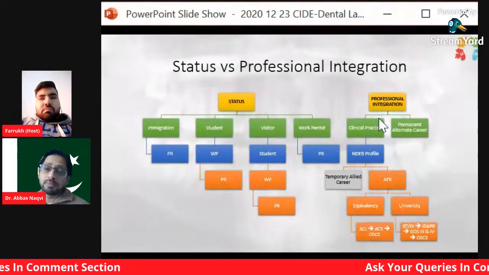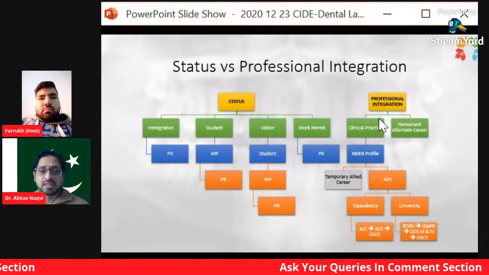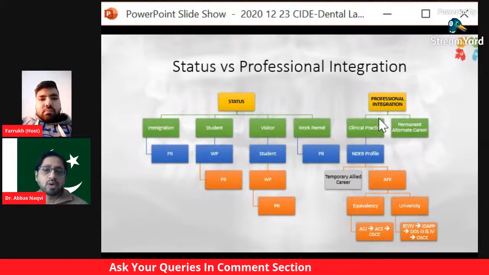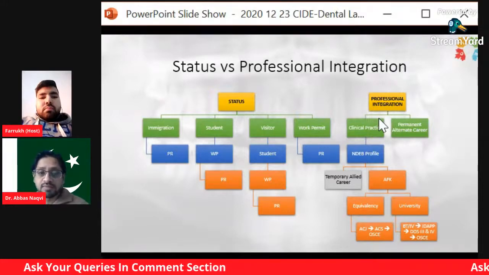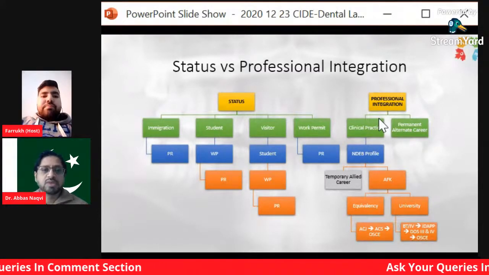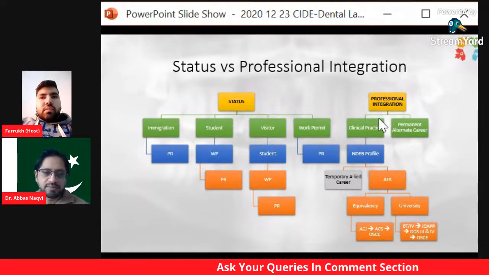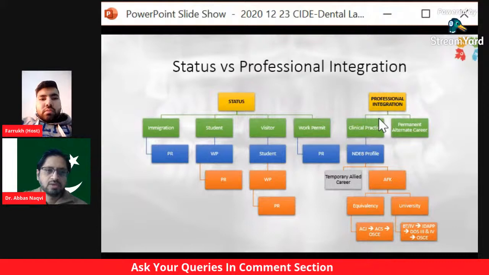The problem that newer graduates face is they usually don't always qualify for immigration. So they may have a student path to go to Canada.